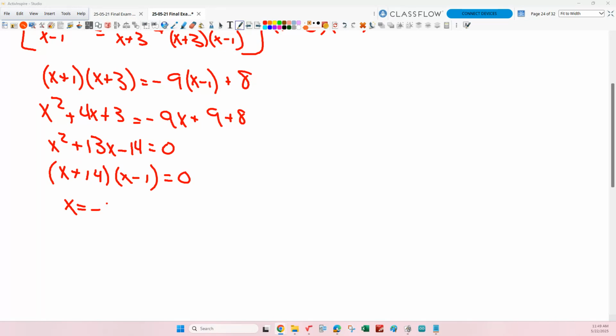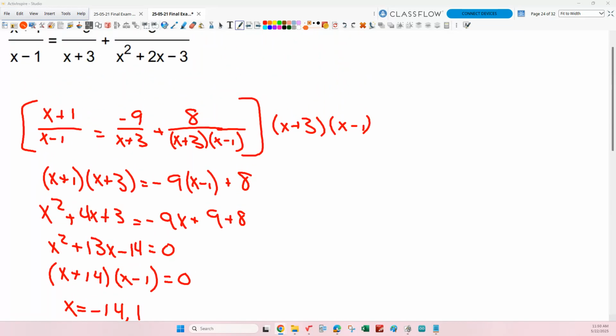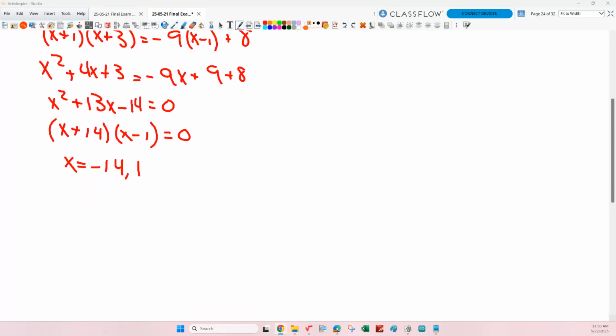Negative 14, positive 1. Okay, we didn't find them before, but what would my excluded values be? So x can't equal negative 3 and 1. So what would that mean for my solution? Yeah. 1 does not work. So it'd just be negative 14.